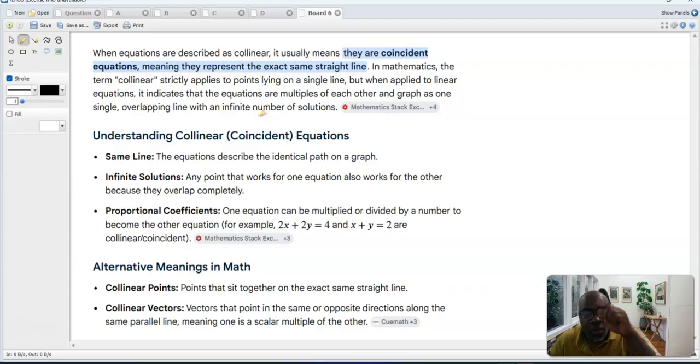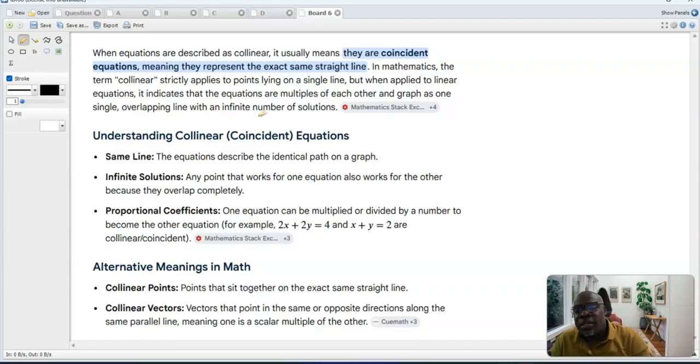You saw y equals half x plus 5, then 4 times y, so they are multiples of each other. They graph as one single overlapping line with an infinite number of solutions. Once the equations are collinear, naturally it will have an infinite number of solutions.